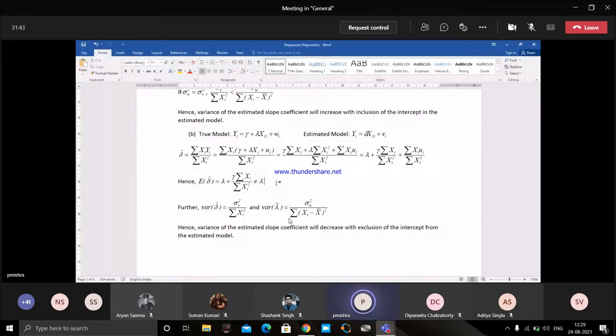So interpretation of the R square also becomes very problematic. You are getting an R square which is not necessarily emerging from TSS equal to ESS plus RSS.